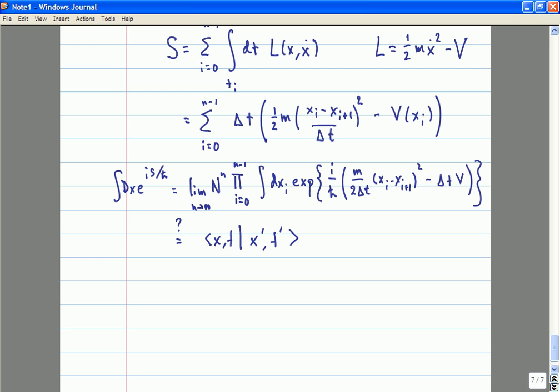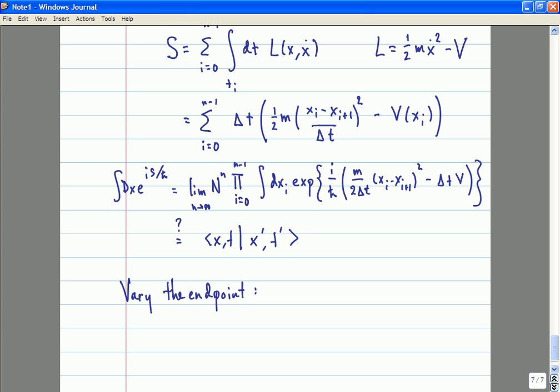So in order to determine whether this solves Schrodinger's equation, let us imagine varying the endpoint. We want to understand whether this obeys some differential equation as a function of x and t. So let's imagine infinitesimally varying the endpoint, the end time t of this expression, in order to determine the derivative of this expression with respect to t.